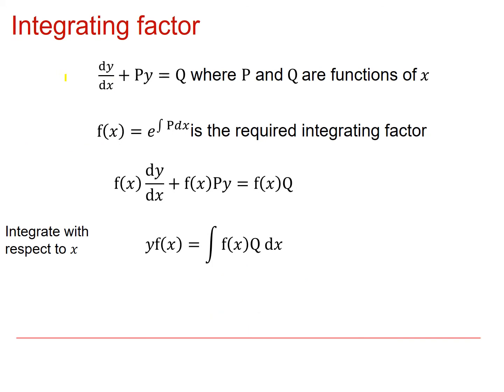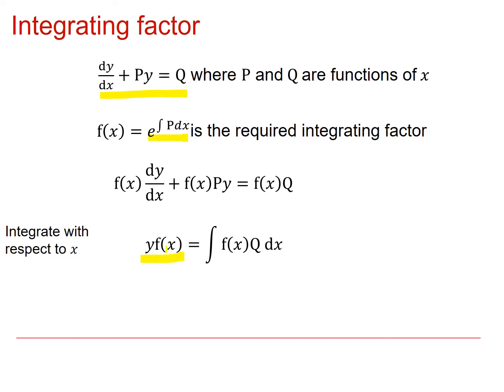So in summary then, if we've got a differential equation in this form, where p and q are functions of x only, e to the integral p dx is the required integrating factor to make the left-hand side perfect. If we multiply through by that, we can then just integrate both sides.